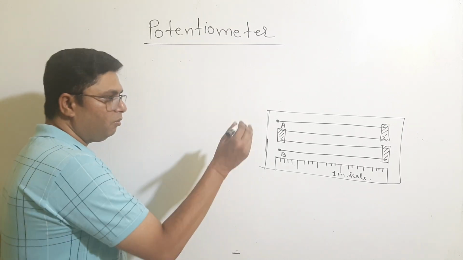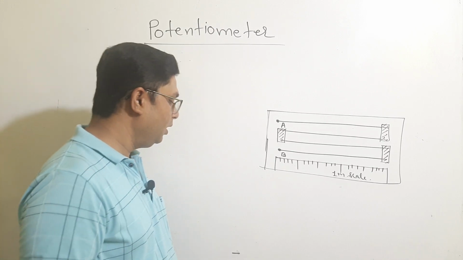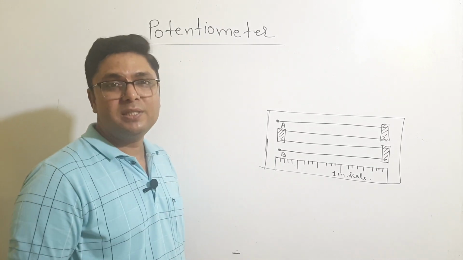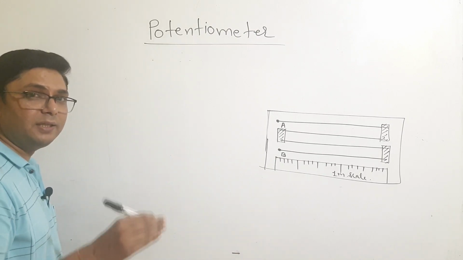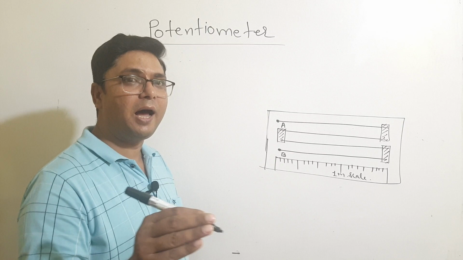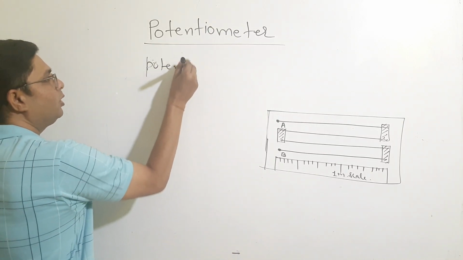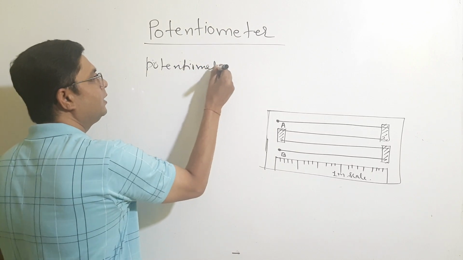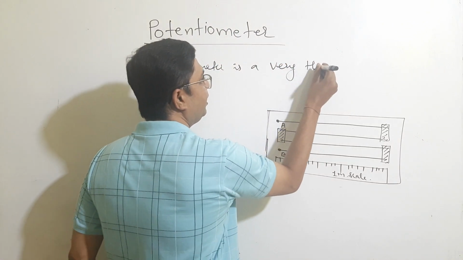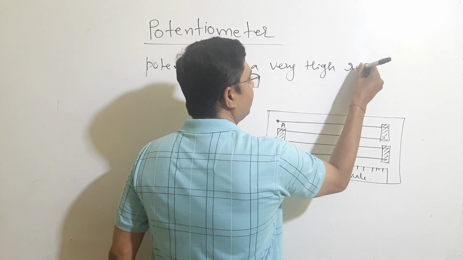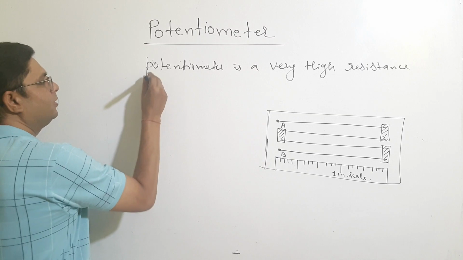Now what are the uses of the potentiometer? First of all, we are going to find the principle of the potentiometer. If I ask what a potentiometer is, the answer is that a potentiometer is a very high resistance device.